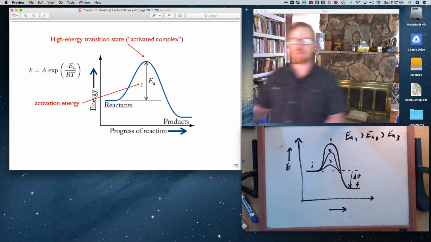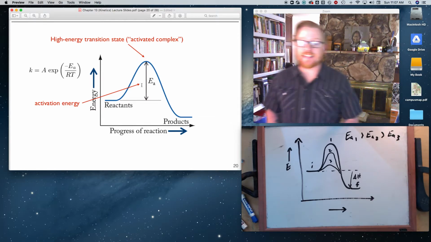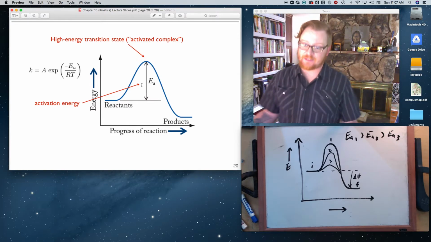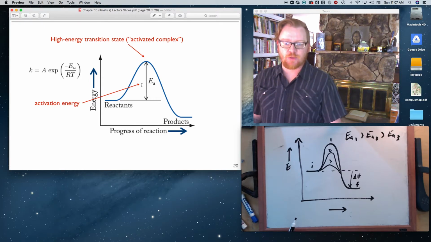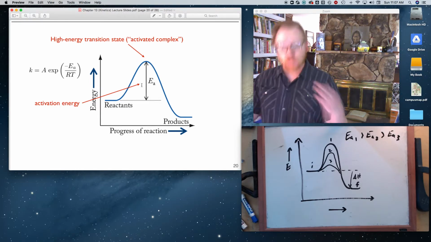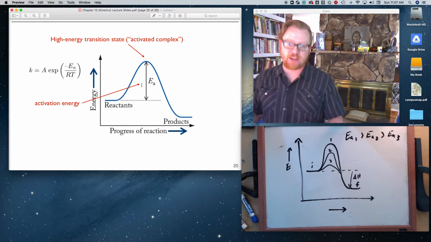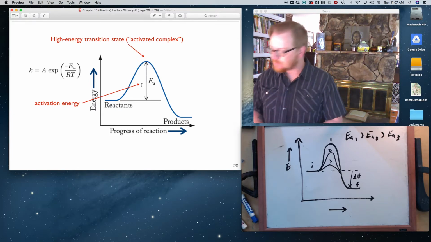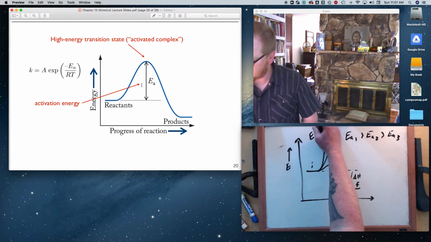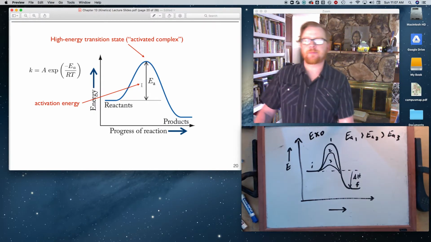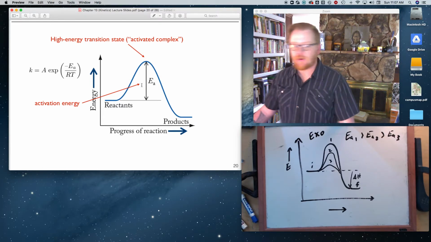And so what that means is reaction 3 is going to proceed the fastest. Reaction 1 is going to proceed the slowest. So the lower the activation energy, the faster the reaction will go. Okay. So now let's look at this in the case. So this is an exothermic reaction. Okay, I'll pause for just a minute so you can write that down.